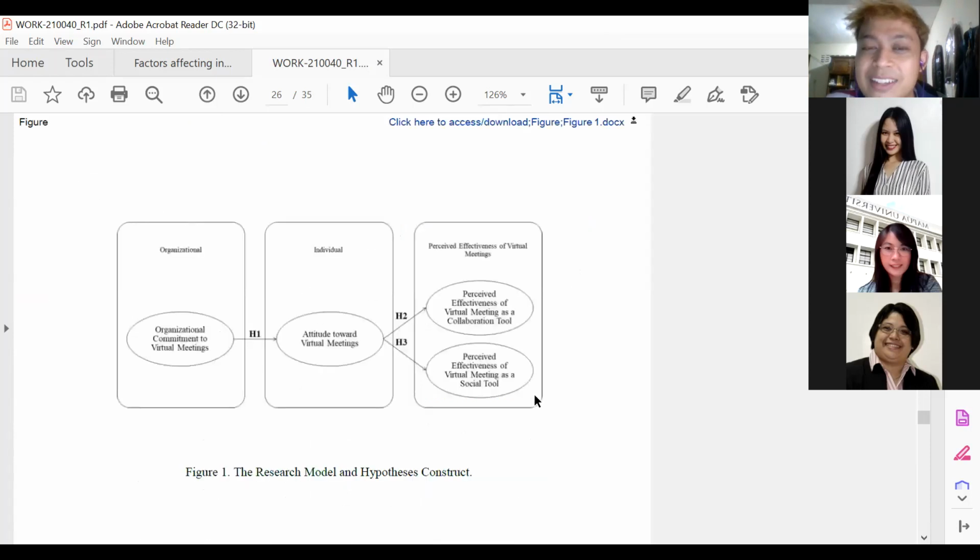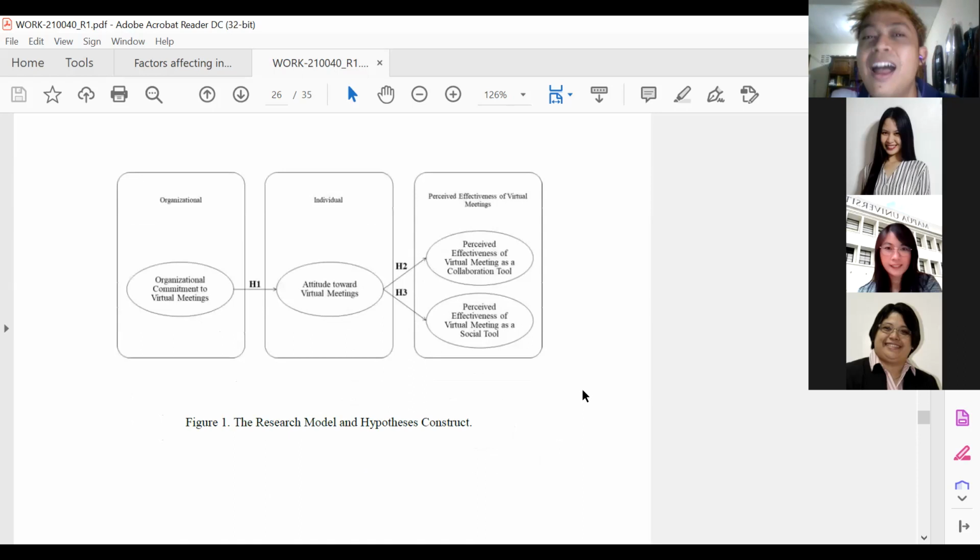If this kind of publication can be accepted in Work, I think Ma'am Gumasing can be so confident at this point. Look at this one, ma'am, it's so very simple, organization and individual, accepted in Work with no revisions.